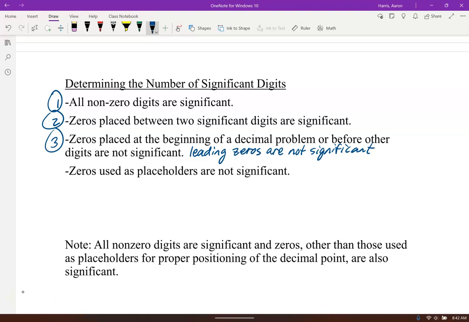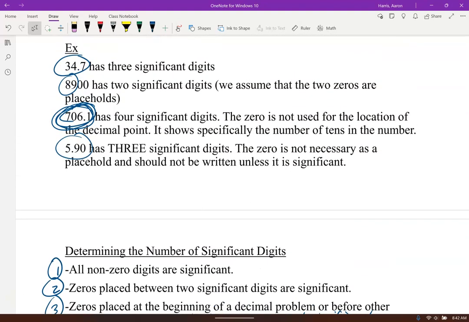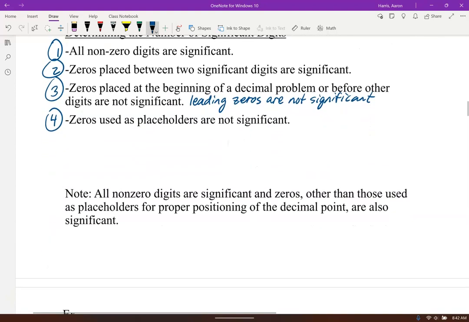And finally, rule number 4, zeros used as placeholders are not significant. Like right here, 8,900. The 0 and the 0 are just placeholders, so it's just the 8 and the 9. So there are only 2 significant digits in that.